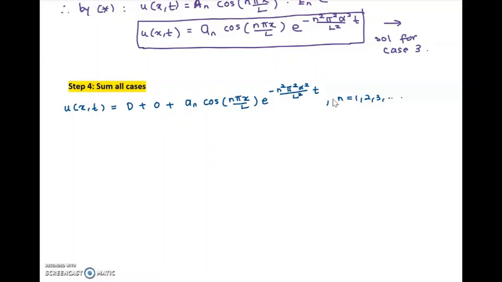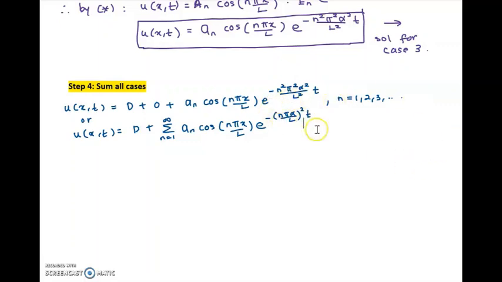By the superposition principle, we can write u(x,t) as D plus the summation from n equals 1 up to positive infinity of a_n cos(n pi x over L) times exponent negative (n pi alpha over L) squared times t.